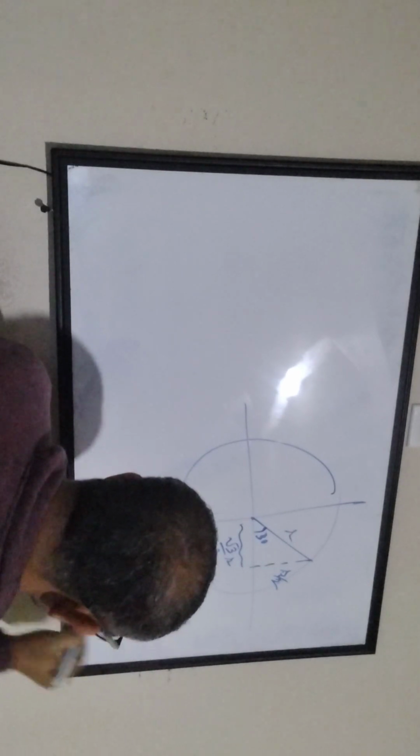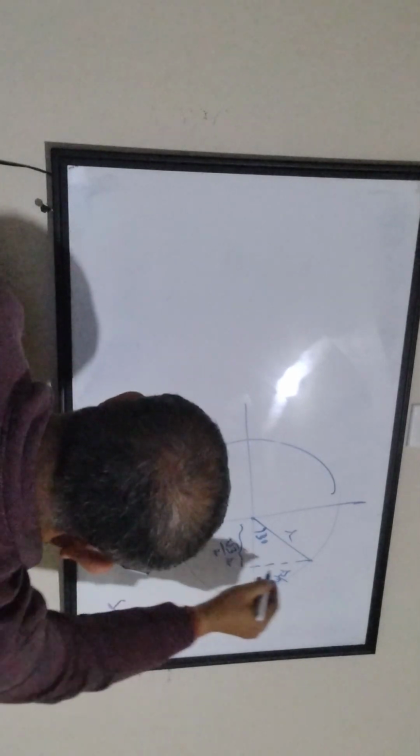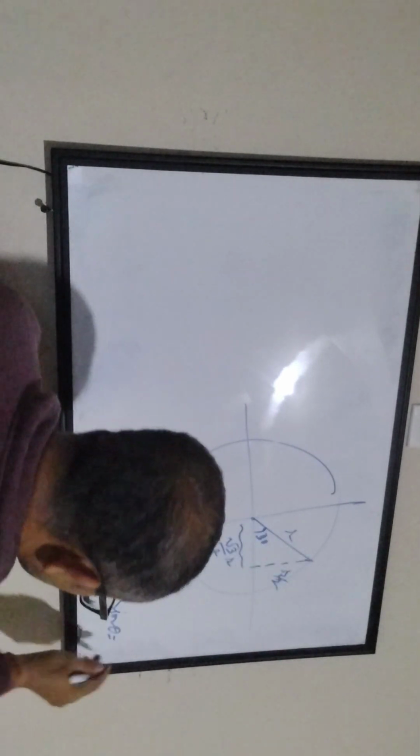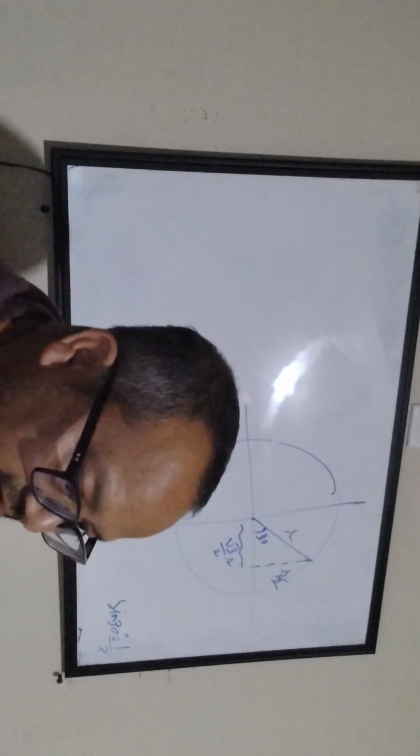If I am talking about a right angle triangle, what is the value of my sin theta? We have learned that sin 30 degrees equals 1 by 2. So from that we are able to relate that this is the height of this point on the y-axis, and this is the distance on the x-axis.